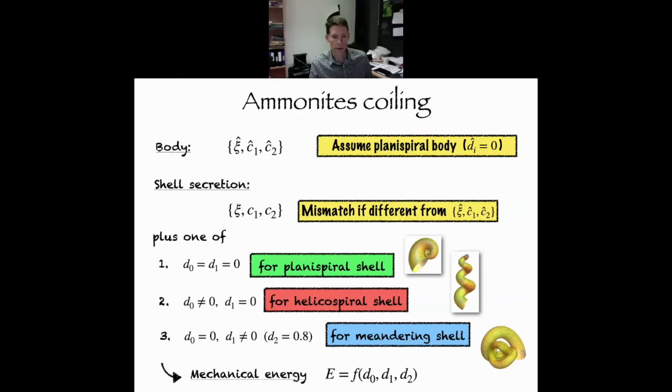And so because these are elastic rods, and I'm putting them inside the shell, and they're constrained to be inside the shell, I can write down the mechanical energy of these 2 elastic rods, which have intrinsic curvatures and a particular shell shape that they're stuck in. And therefore, you get a mechanical energy, which becomes just a function of these 3 D parameters, the parameters describing the twist.